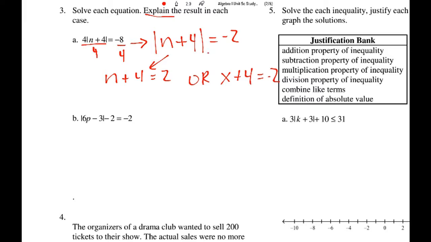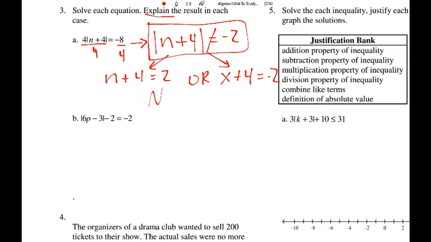Now, you can go this way, if you're used to that system, but you need to realize something. Can you have an absolute value equal a negative number? You can't.